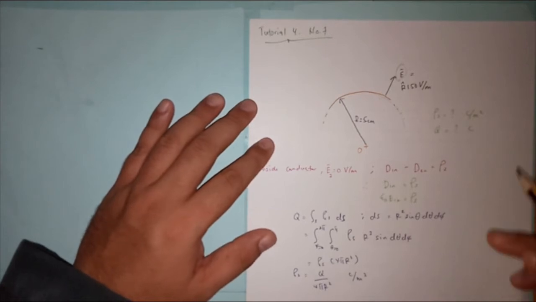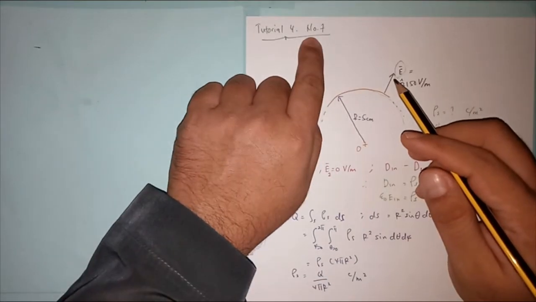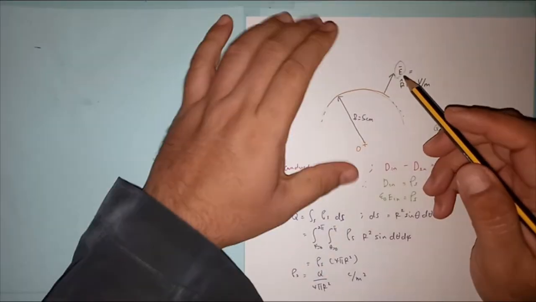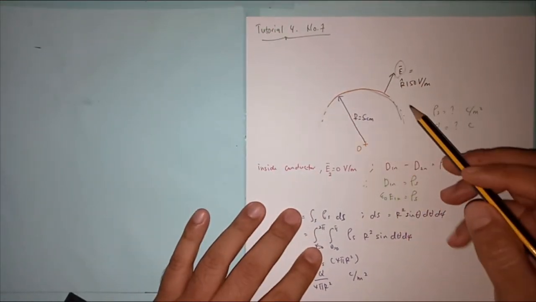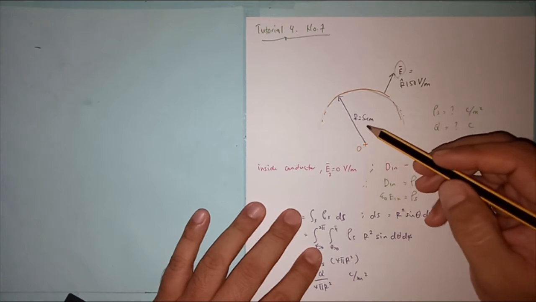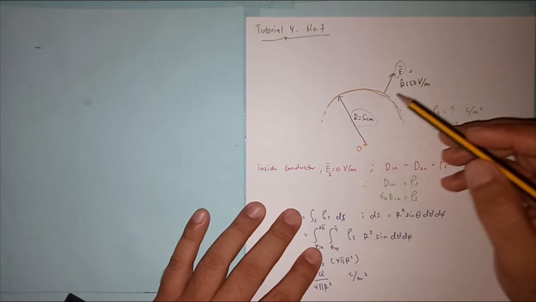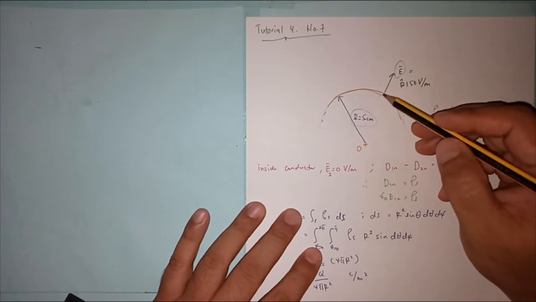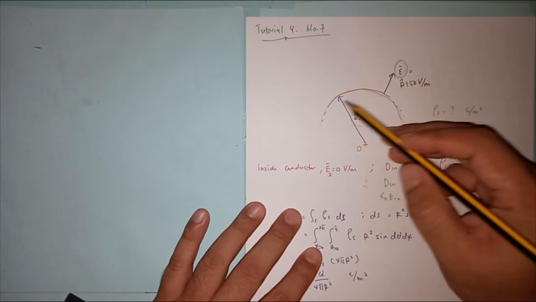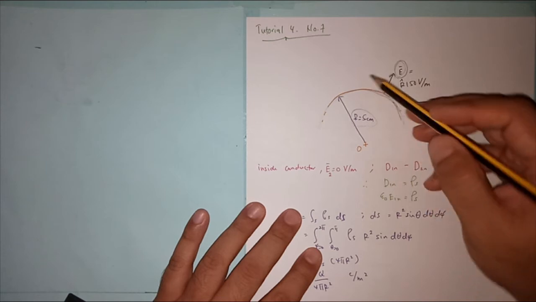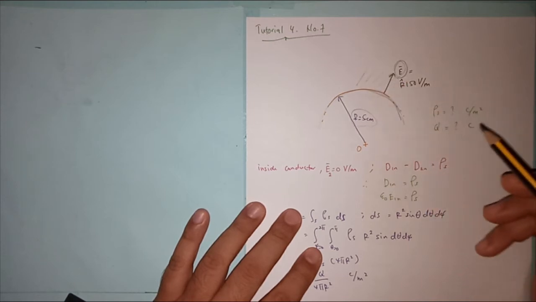Okay, now let's look at the last question in this video, which is tutorial number 4, question number 7. Inside this question, we are given a spherical conductor with a radius of 5 centimeters, and the vector for the electric field intensity on the boundary between this conductor and the air is equal to r cap 150 volt per meter.